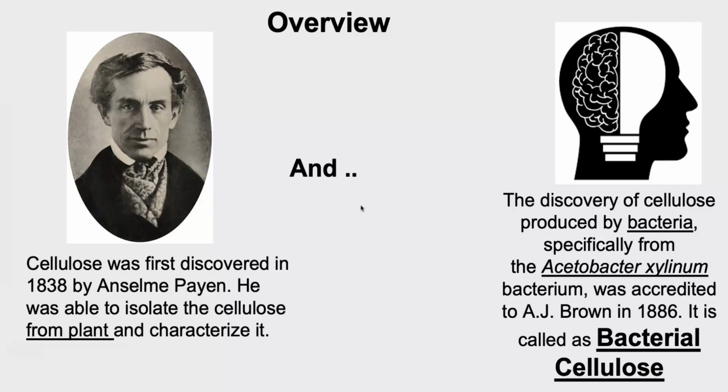As an overview, in 1838, cellulose was first discovered by Anselme Payen, and he was able to isolate the cellulose from plant and then characterize it. And by the way, in 1886, A.J. Brown discovered the cellulose that has been synthesized by a kind of bacteria, specifically from Acetobacter xylinum, and it was called bacterial cellulose.